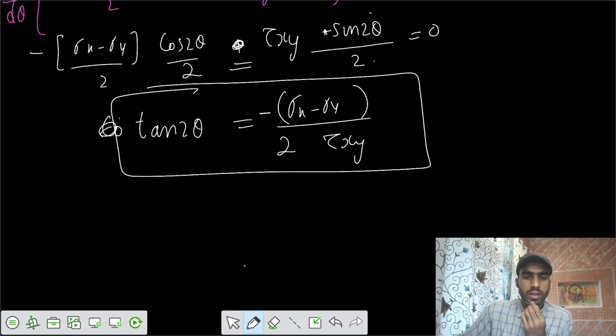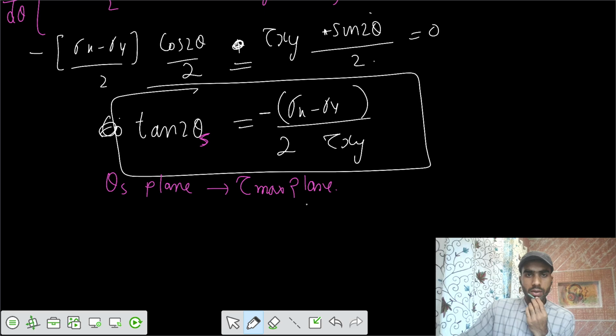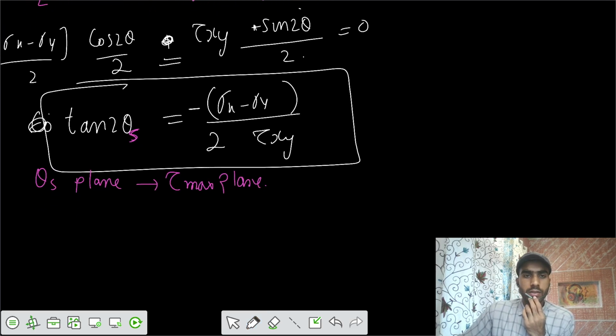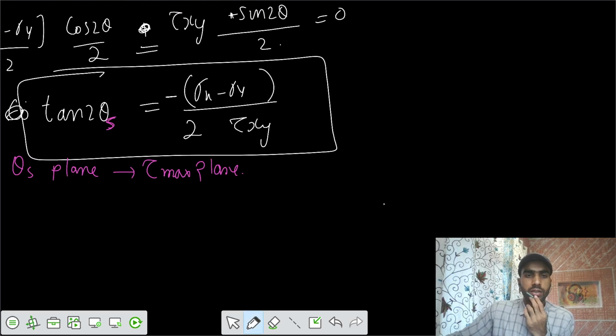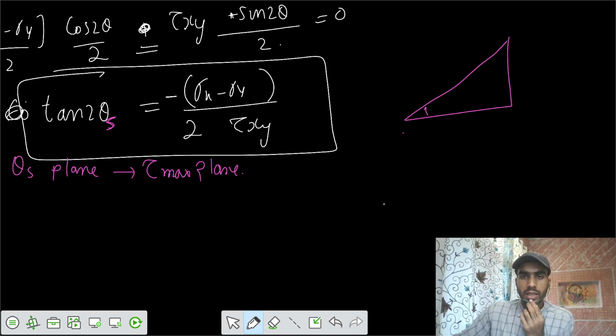So we got this result. Here we can keep it as tan 2 theta s, where s means shear stress. So we can get the particular shear stress plane, where shear stress is maximum, the tau max plane. Let's make the triangle for this one, that tan 2 theta s, we can write this is 2 theta s.